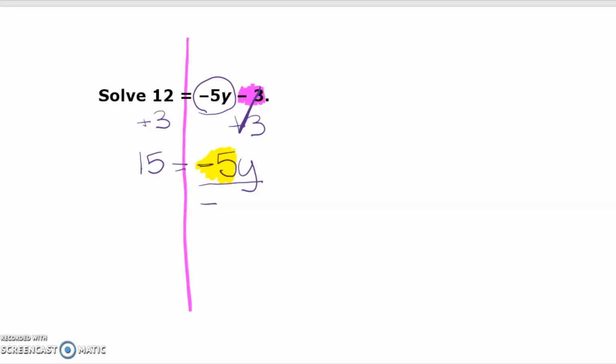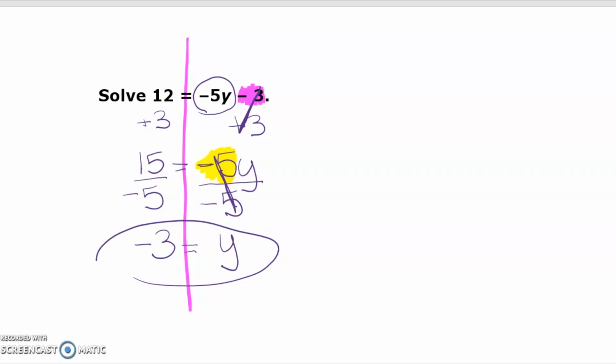So we need to divide by that coefficient, negative 5. So we're going to divide by negative 5 on both sides. Positive 15 divided by negative 5 is negative 3. Negative 5 divided by negative 5 is positive 1 times y, or positive 1y. So there's our answer. y is equal to negative 3.